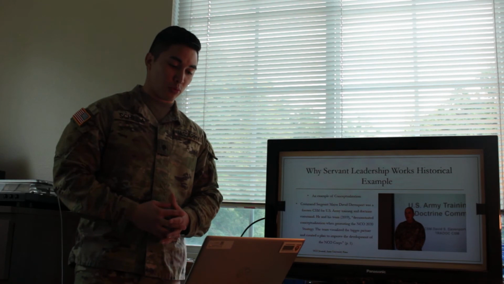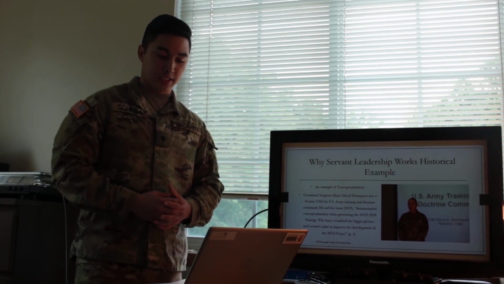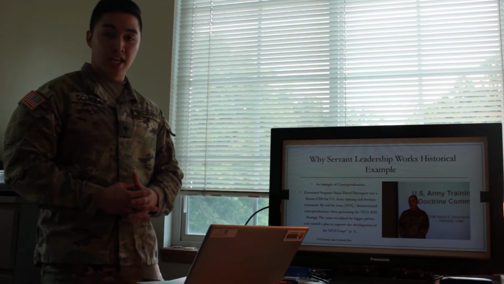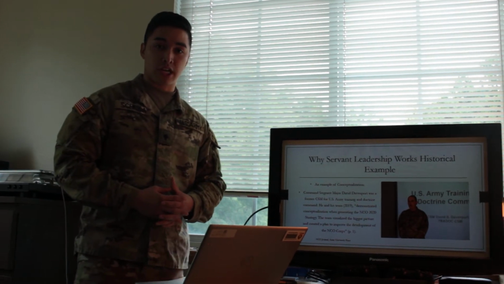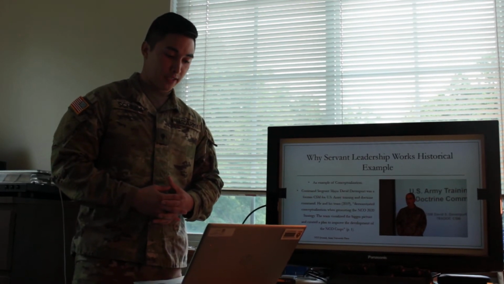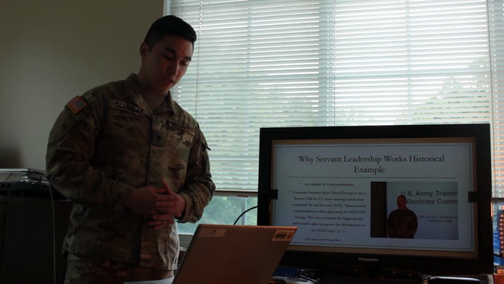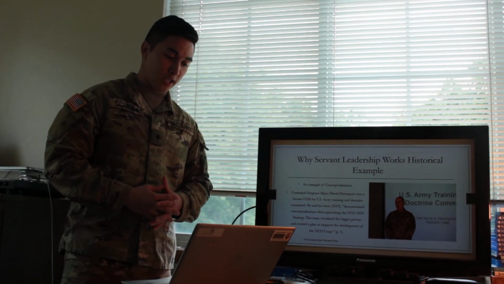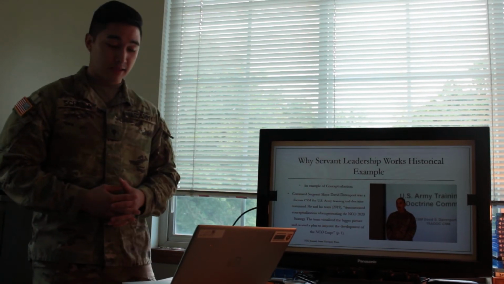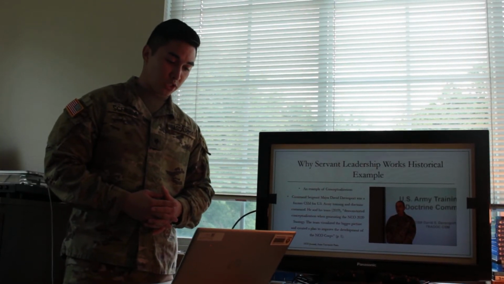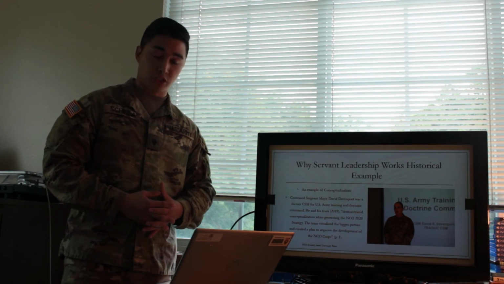So, why servant leadership works historically in context. An example of conceptualization, which is a characteristic of servant leadership, is when Command Sergeant Major David Davenport was the former Sergeant Major of the U.S. Army Training and Doctrine Command. His team demonstrated conceptualization while generating the NCO 2020 strategy.